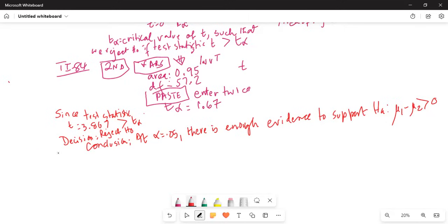So I press the stat button in the calculator. Stat button, then highlight test on the top row. Then we scroll down to sample t-test. The reason we are using t-test is because we do not know the population standard deviation.